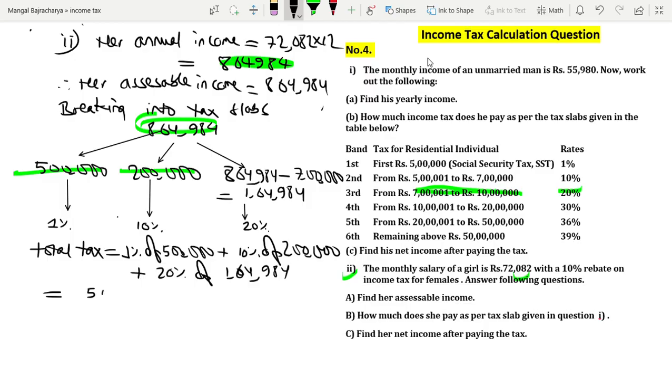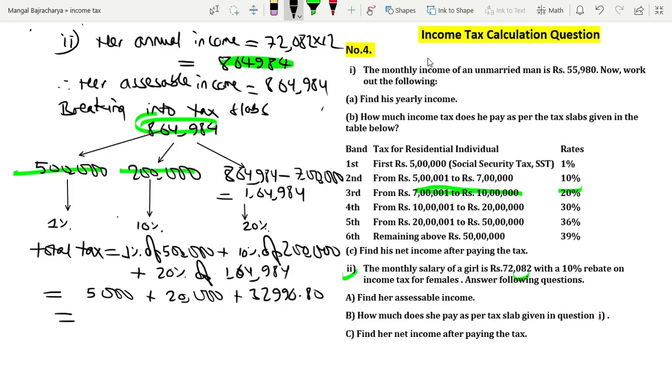So let's do the calculation. 1% of 5 lakh you get 5,000. 10% of 2 lakh you get 20,000, and 20% of that I use a calculator here to do. 1,64,984 into 20%, means 0.2. So that we get here 32,996.80. So the sum of these three taxes is the total tax she pays before tax deduction.